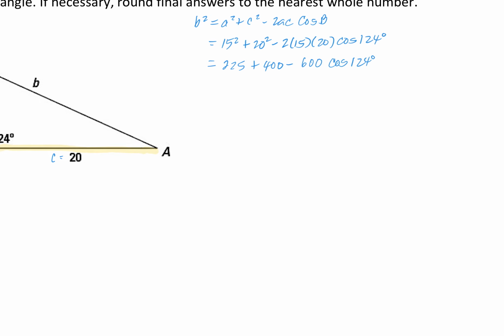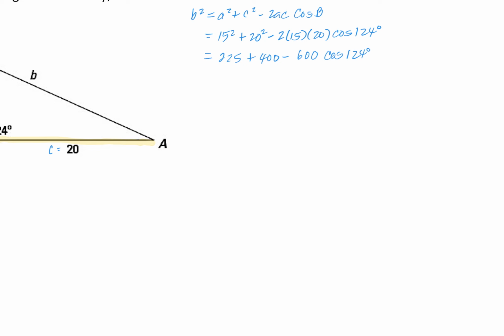At this point, many people might want to do 225 plus 400 minus 600 and kind of ignore the cosine of 124 for now. But you can't do that because this is 600 times cosine of 124 degrees. By order of operations, you would have to do that separately from the 225 plus 400.